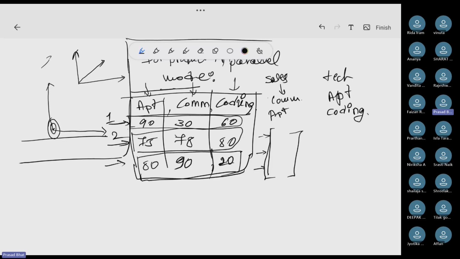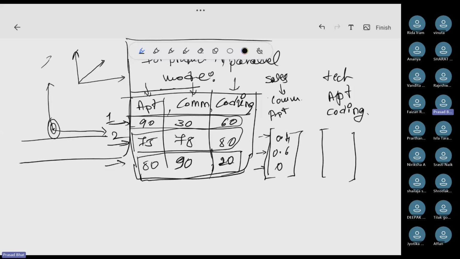A sales company requires, say, 0.4 weightage out of 1, it is putting its percentages. So 0.4 weightage for the aptitude, and then 0.6 weightage for the communication. It doesn't require coding. And the tech company also has another criteria.